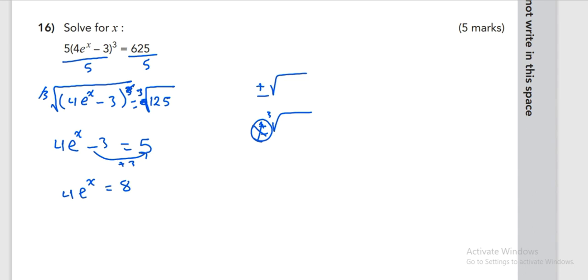This part is multiplied, which is 4, so move it to the other side by dividing both sides by 4. So you will get e to the power of x equals 2. That's what we want, e to the power of x on one side. As we have e to the power of x on one side, we have to take ln for both sides.